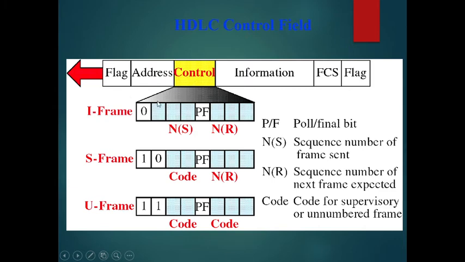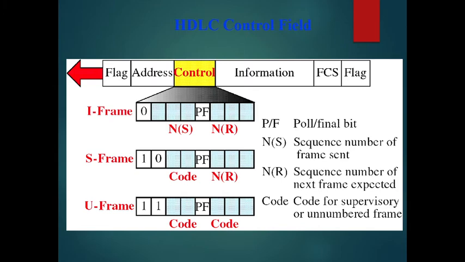For the I frame, the control field should always begin with the 0, and the next 3 bits are N(S). N(S) means the sequence number of the frame sent. For each frame there will be a number used, indicating which frame I am sending.